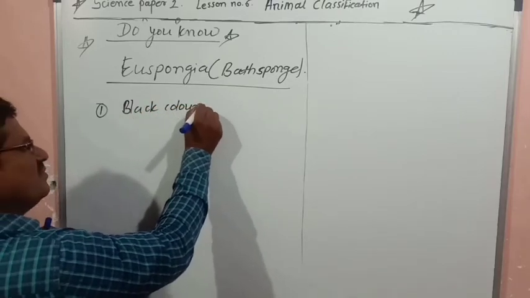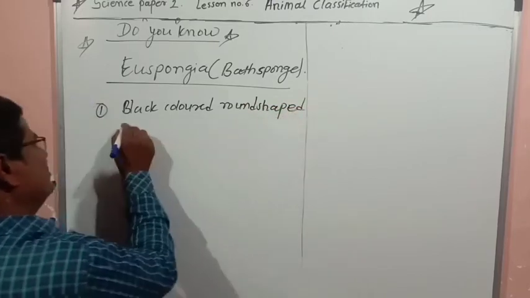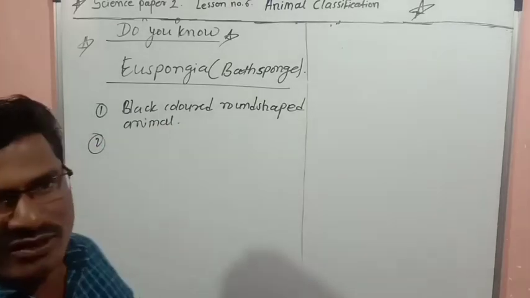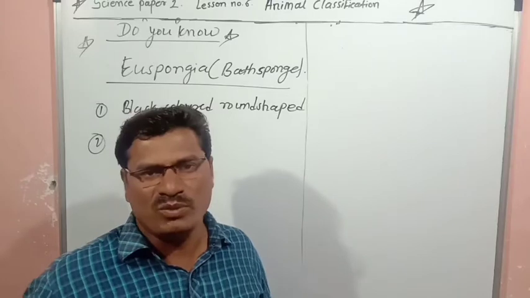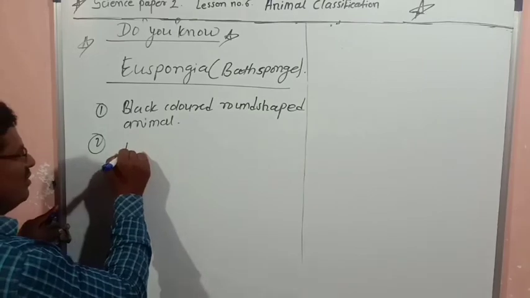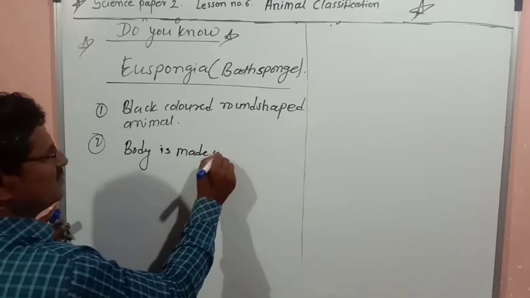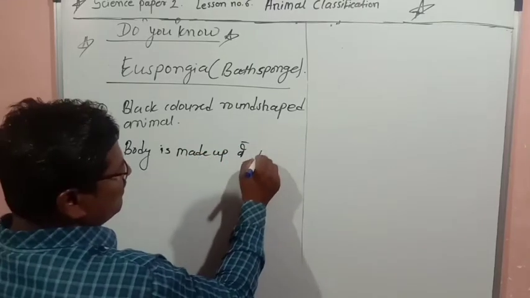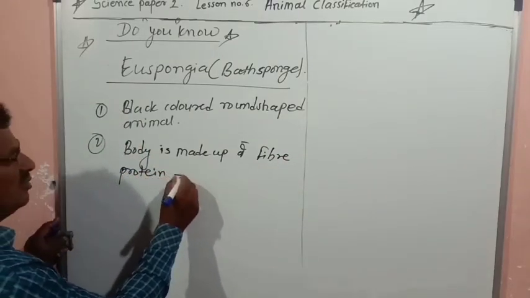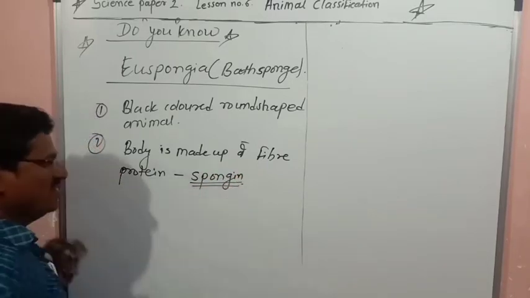Second point: its body is made up of fibers of protein, and the name of that protein is spongin.